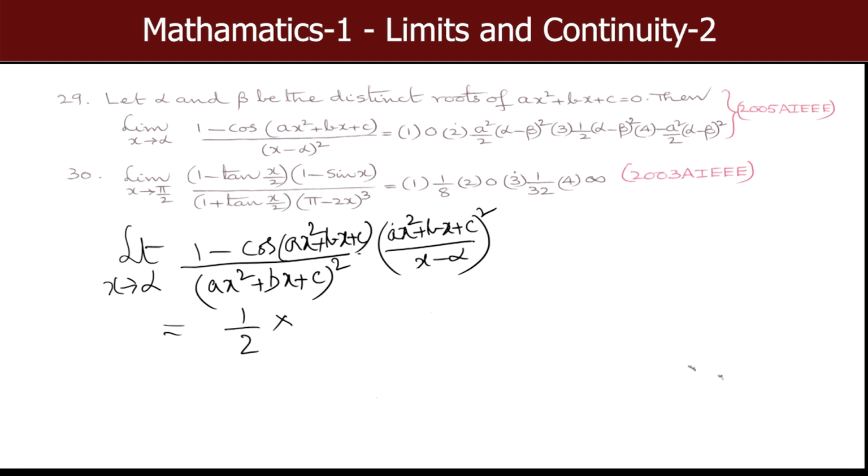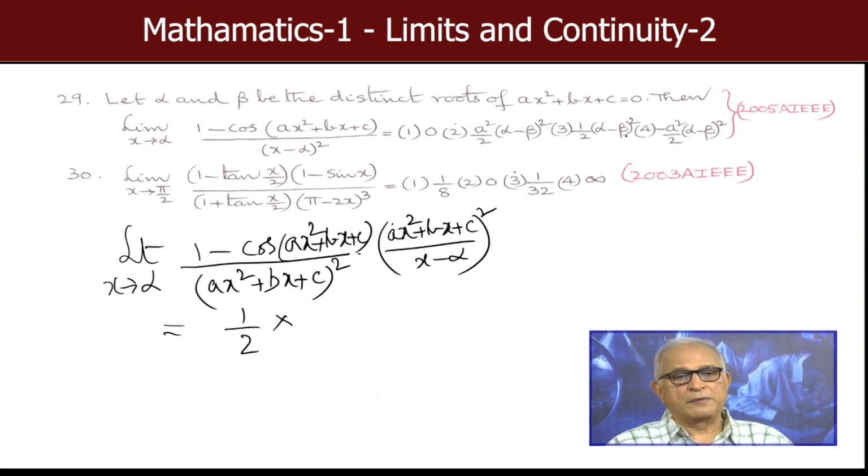And (ax square plus bx plus c) by (x minus alpha). When alpha and beta are the roots of ax square plus bx plus c equal to 0, x minus alpha and x minus beta are the factors of ax square plus bx plus c using the remainder theorem. And therefore, the factorization of ax square plus bx plus c is given by a times (x minus alpha) into (x minus beta).